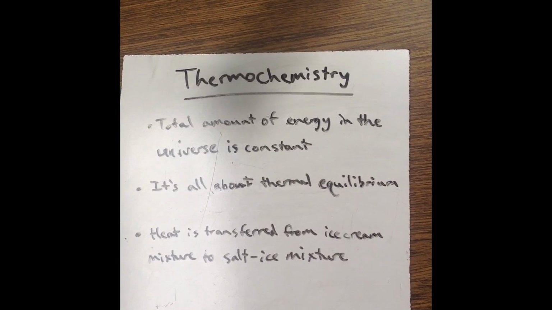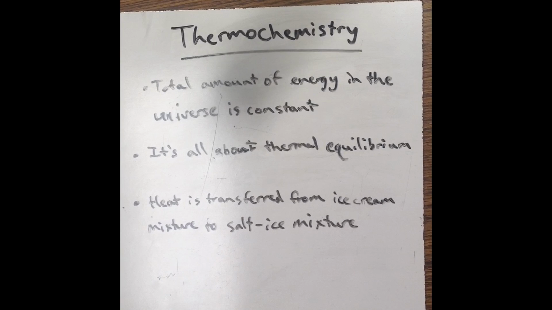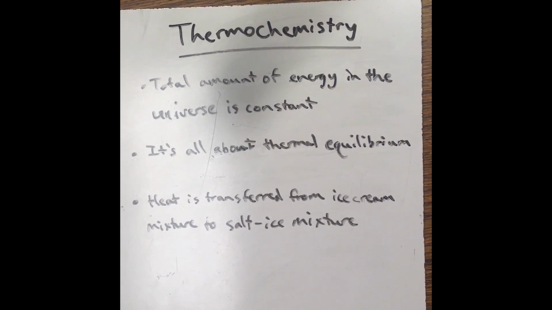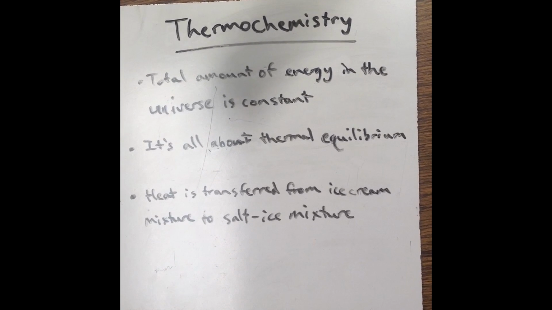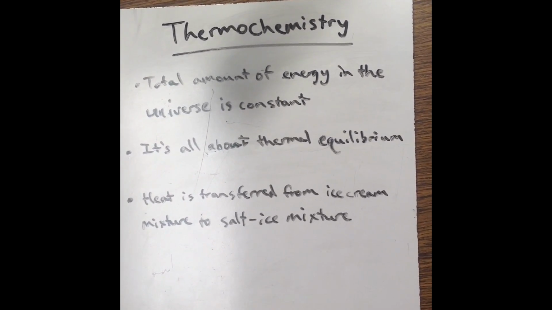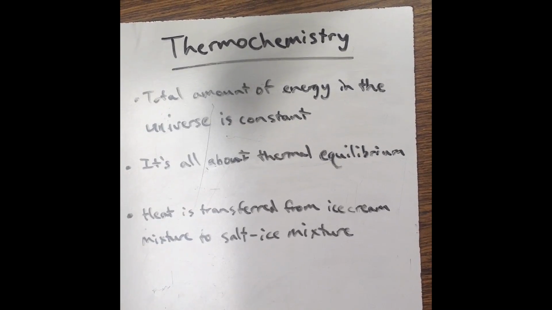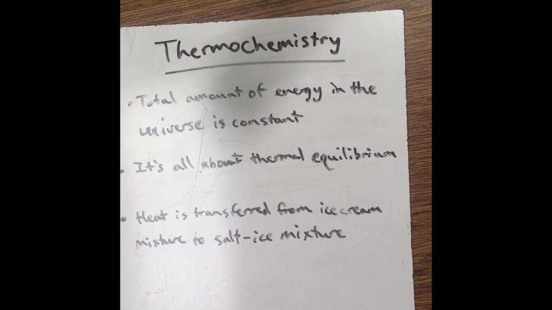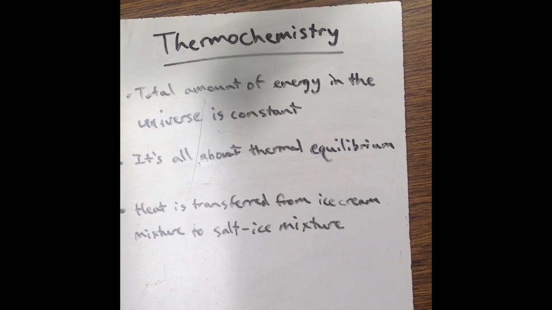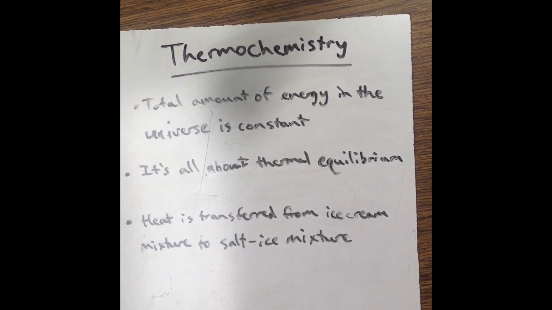All right, so the last concept we're going to touch on is thermochemistry. The overarching theme is the law of conservation of energy, which means the total amount of energy in the universe is constant. That means that the energy you put into a system has to be taken out in some way. When we talk about things being in thermal equilibrium, that means that if two things are touching each other, their heats will equalize.